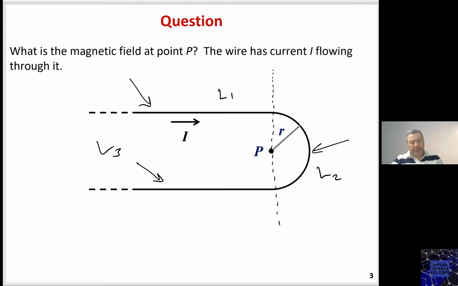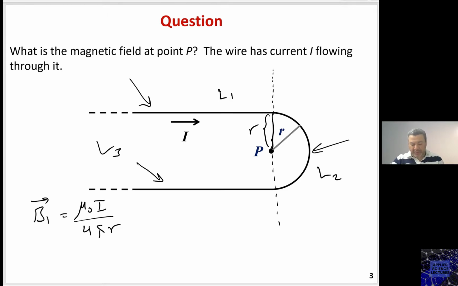In this case, if I am to write the magnetic fields due to those wires, let's start with the first one, the semi-infinite L1. This is going to be mu naught I, the current I, divided by 4 pi r, again r, which is the distance from here to here. The distance from here to here is r as well.